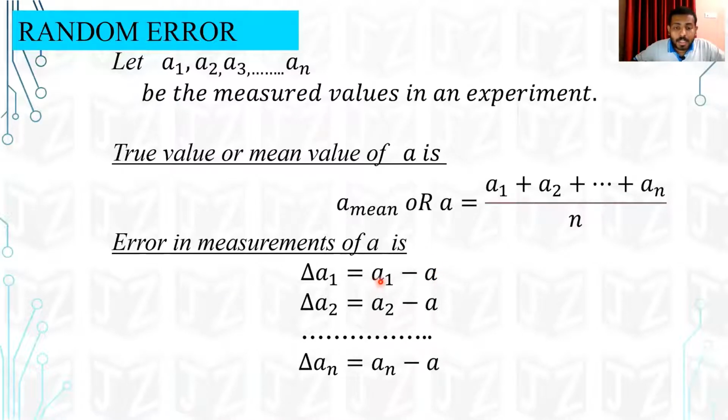By subtracting these two, we get the error in A1. Similarly, the error in A2 is equal to A2 minus A, and so on. For the nth measurement, the error in An is equal to An minus A. I hope you understood that.